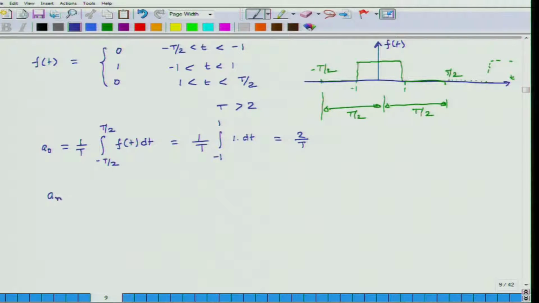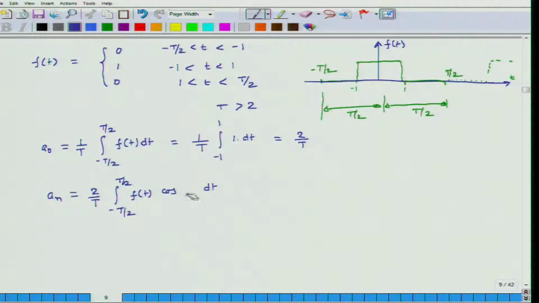Then an equals 2 over T, integral from minus T over 2 to T over 2 of f(t) cosine of 2 pi n t over T dt.